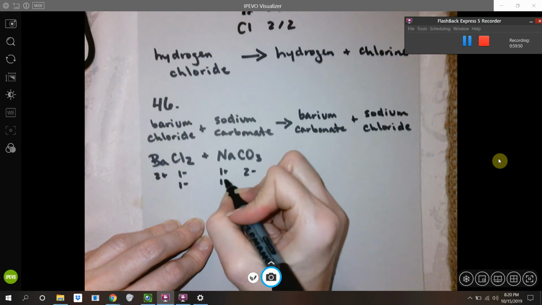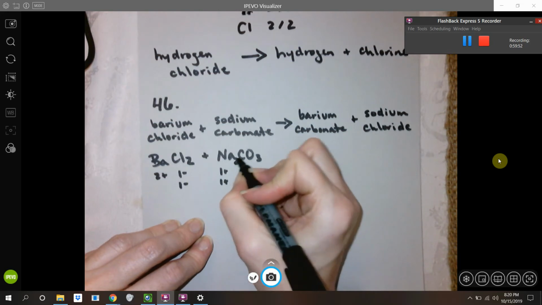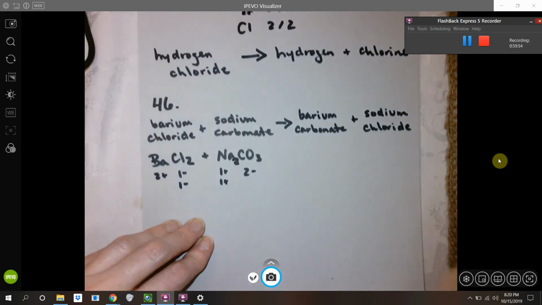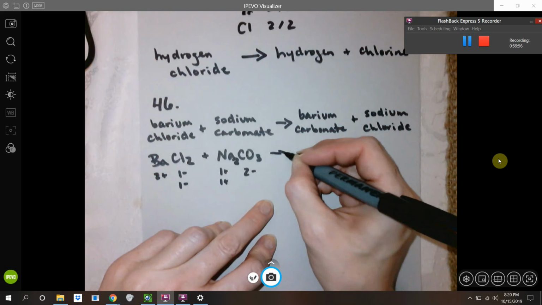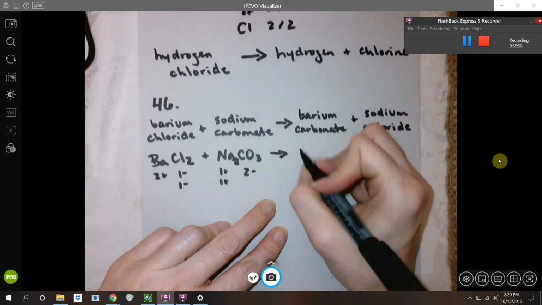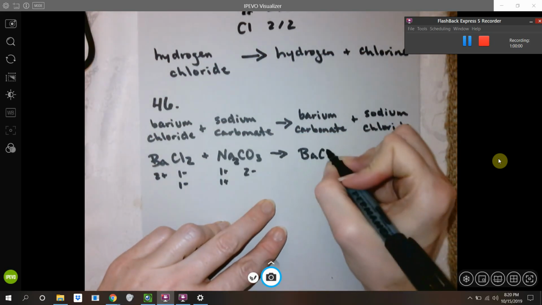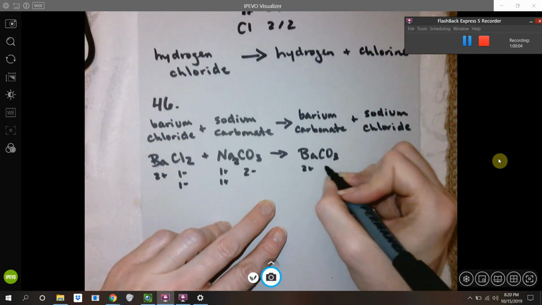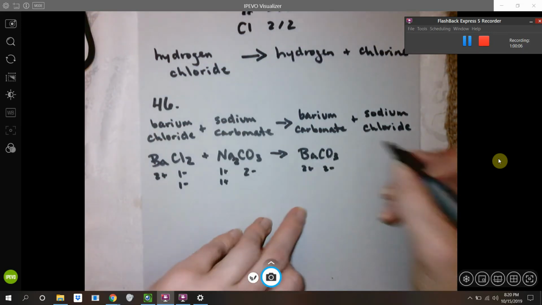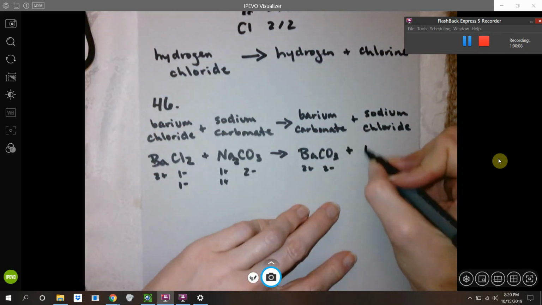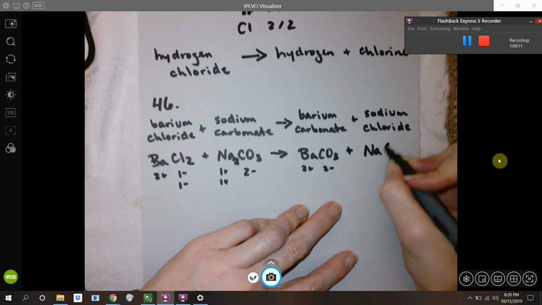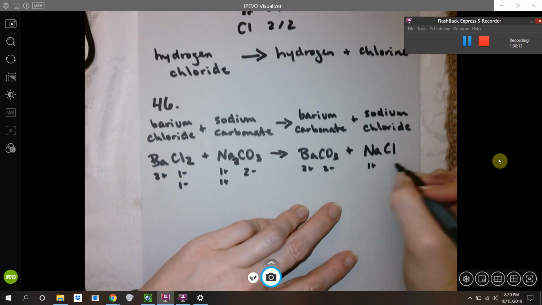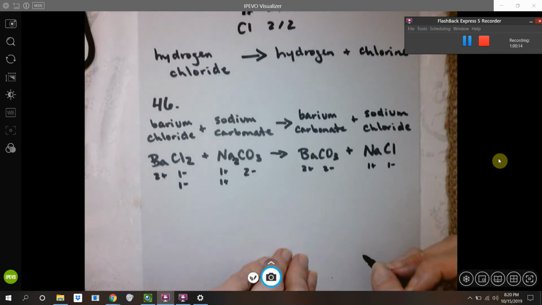So we'll need 2 of those, put 2 in there to balance those charges. Barium carbonate, BaCO3. Ba is 2 plus, CO3 is 2 minus, so we're good. Sodium, Na, chlorine, Cl, 1 plus, 1 minus, we're also in balance.